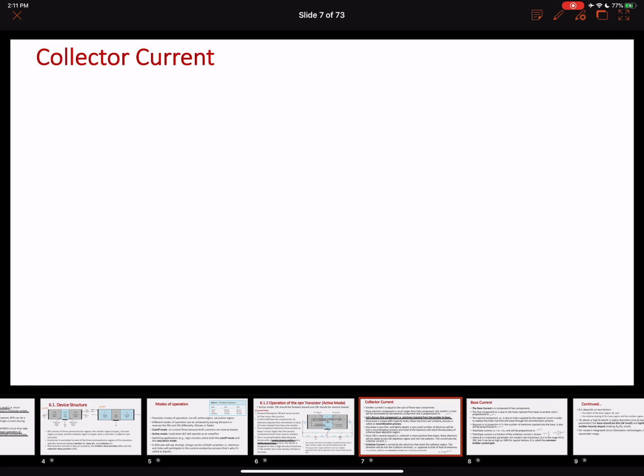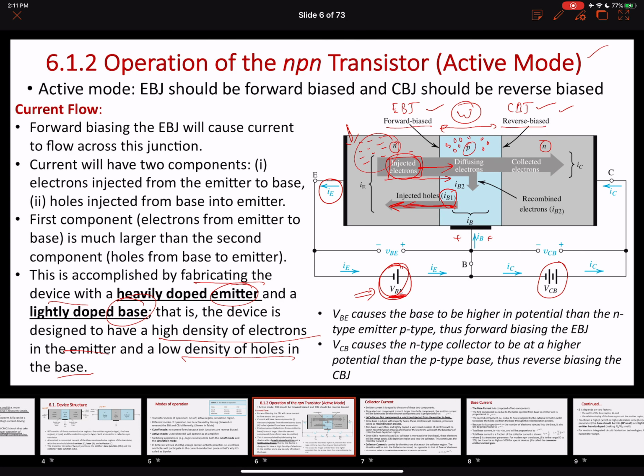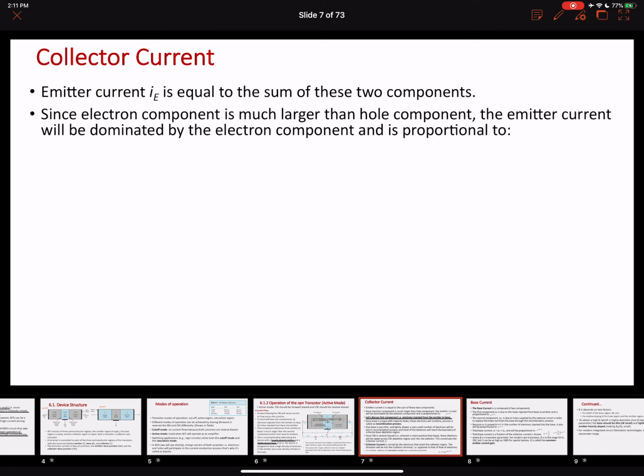So let's look at all the currents in more detail. Our emitter current again has two components: injected electrons from the emitter to the base region and injected holes from the base to the emitter region. And our electron component is much larger than the hole component because of the doping and the bigger width of the emitter region.